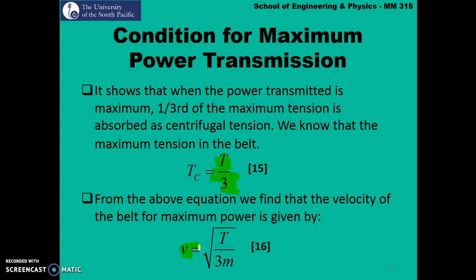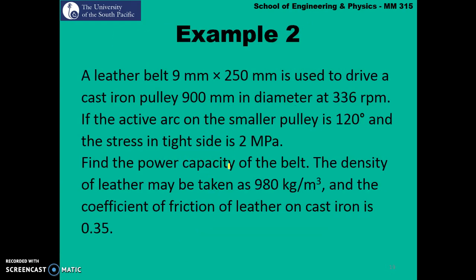Your velocity for maximum power transmission would be the square root of maximum tension T divided by 3m. Here m is again the mass of the belt per unit length, and again for the maximum power transmission condition, Tc equals 1/3 your maximum tension.